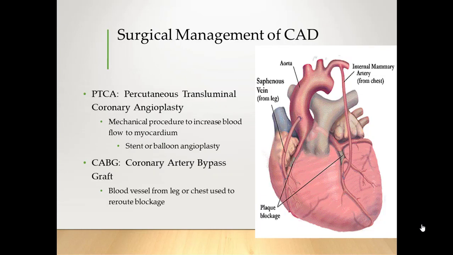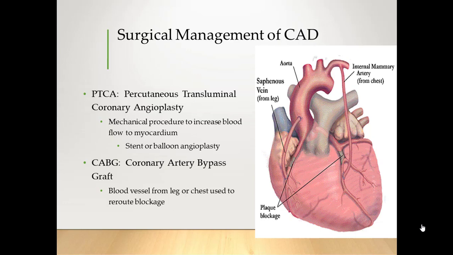Now, surgical management of coronary artery disease, because coronary artery disease is basically the cause of all these other things. We might see some percutaneous transluminal coronary angioplasty, basically so we can get more blood flow to the heart muscle.